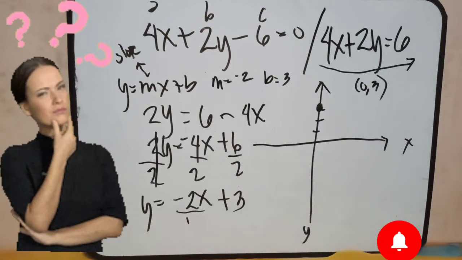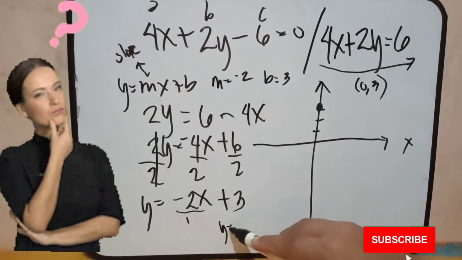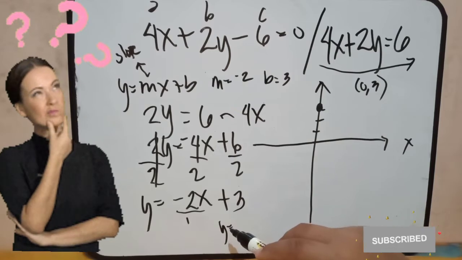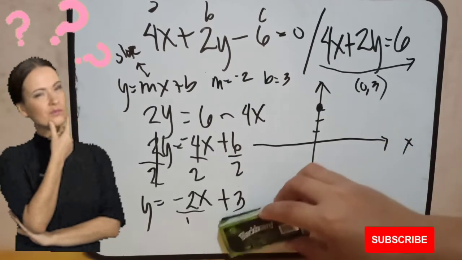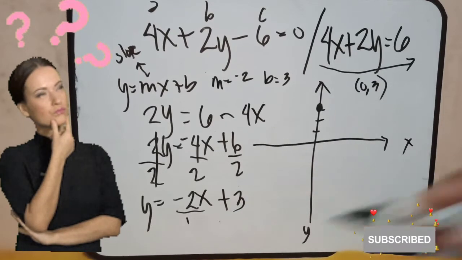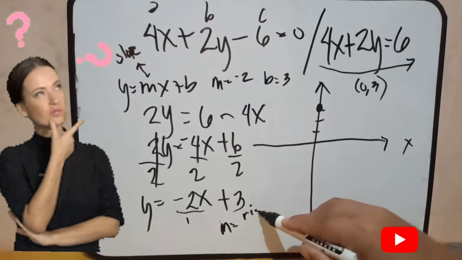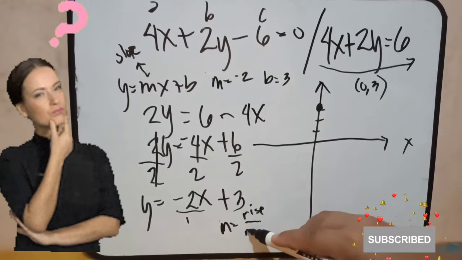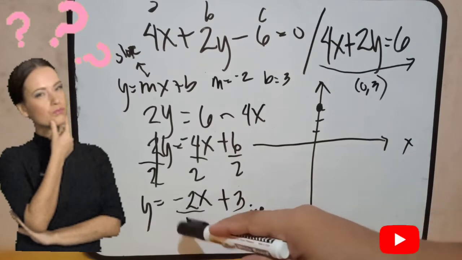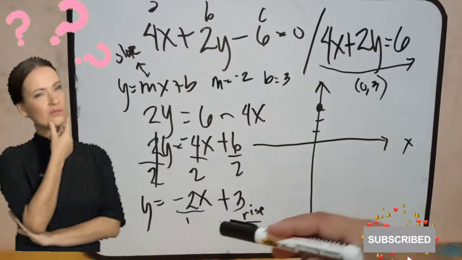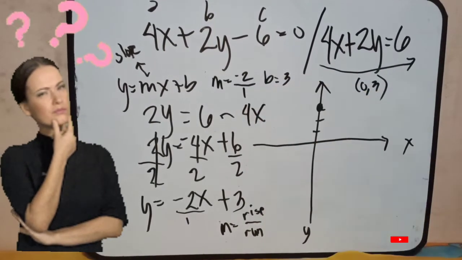For linear equations, there is a formula: m is equal to rise over run. Since our rise here is negative, it is negative 2, and our run is positive 1.